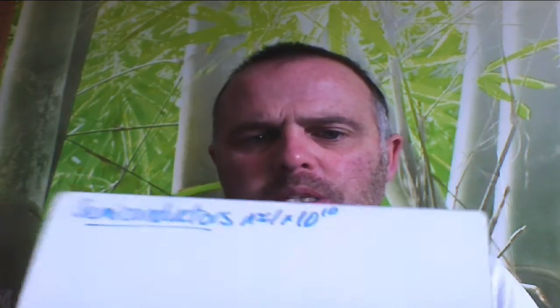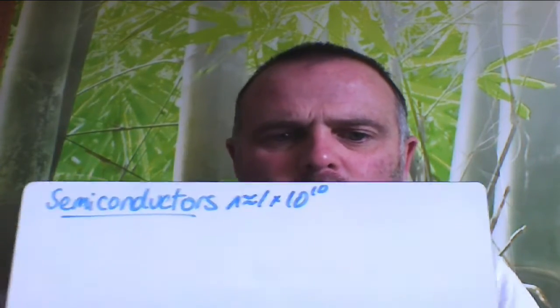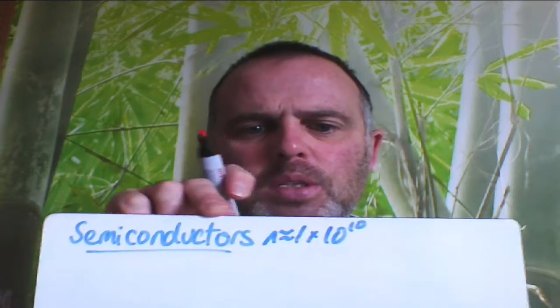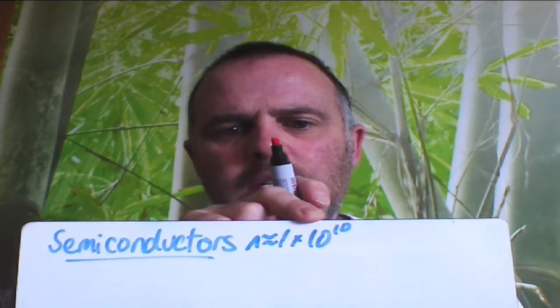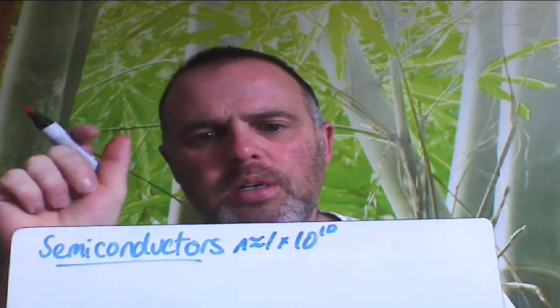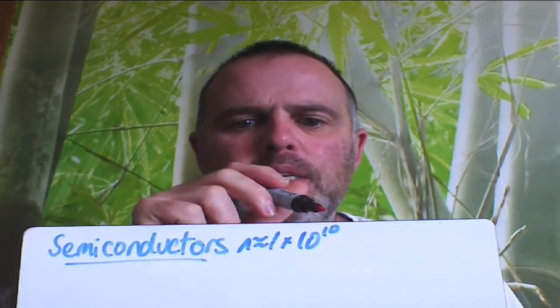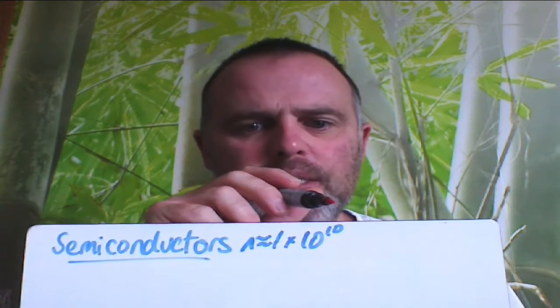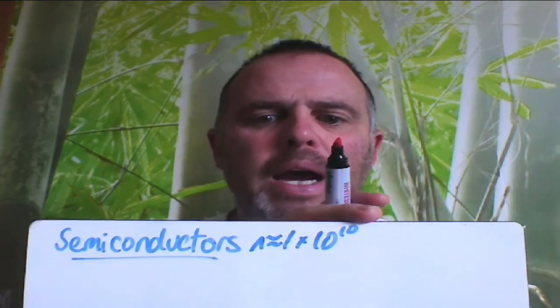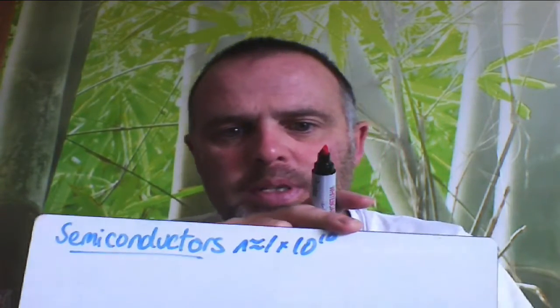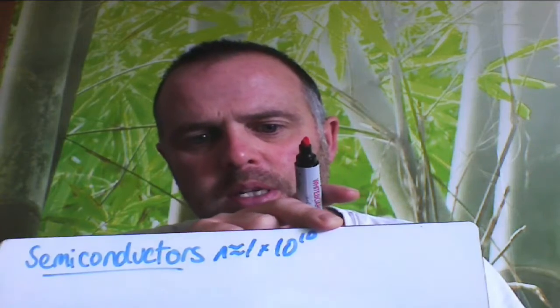So we want to know, why is it that as temperature increases in a semiconductor, why does resistance decrease? So one thing to note, we're talking about semiconductors here, so the number of free charge carriers is in between a conductor, where n is to the power of 28, 18 orders of magnitude greater than a semiconductor, and an insulator will have very few, if any, free charge carriers, so close to zero.